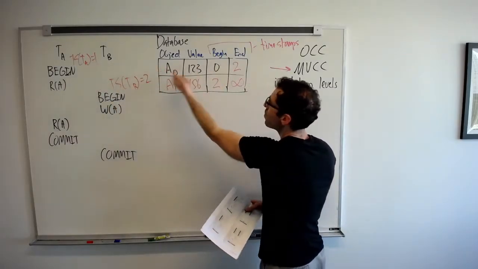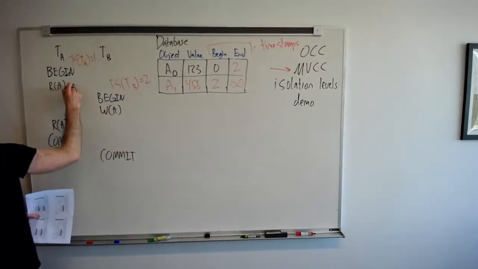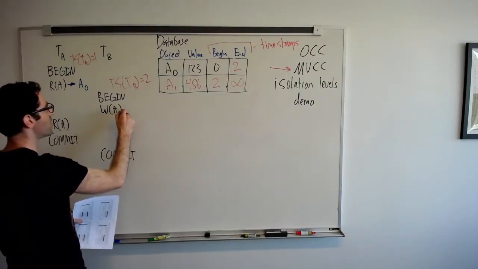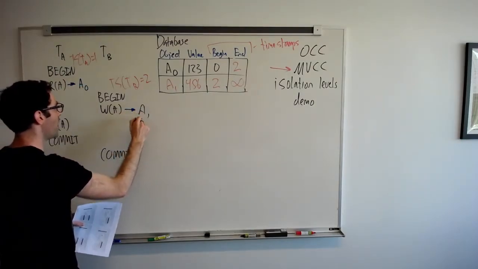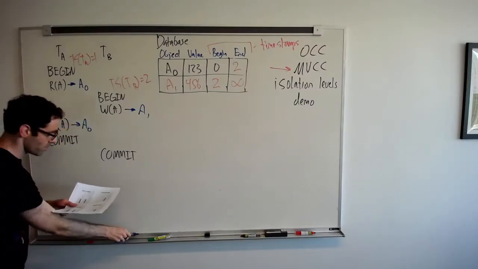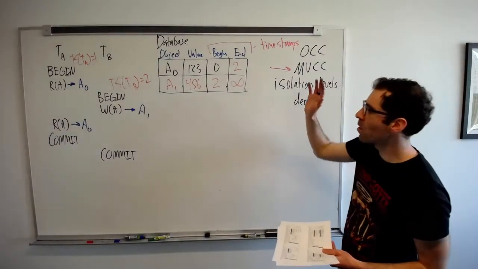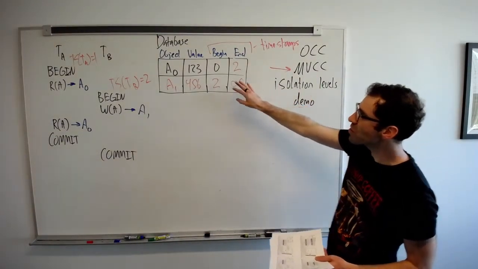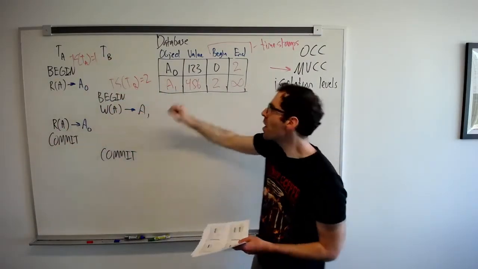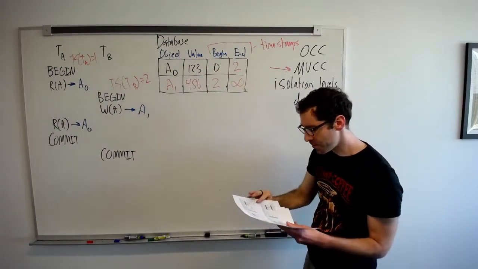And so again, it will read the old version of A. So this read got A0, this write produced A1, and then this again read our A0. And so our multi-version concurrency control here provided the isolation to these 2 transactions by maintaining these multiple copies of our object A.